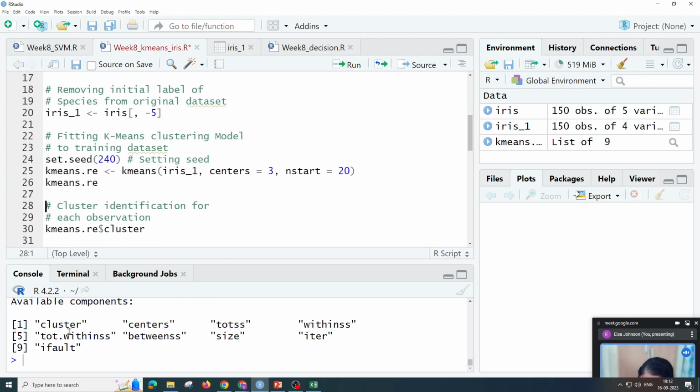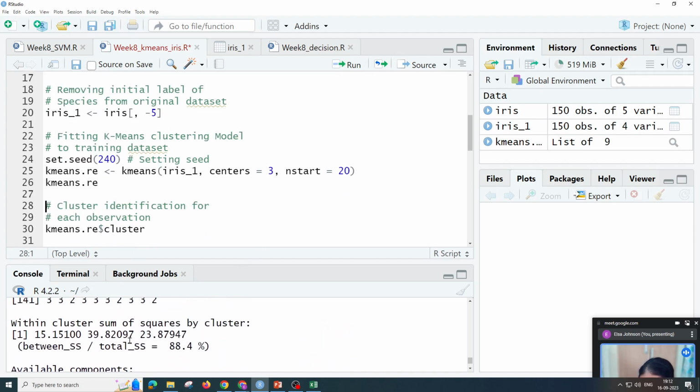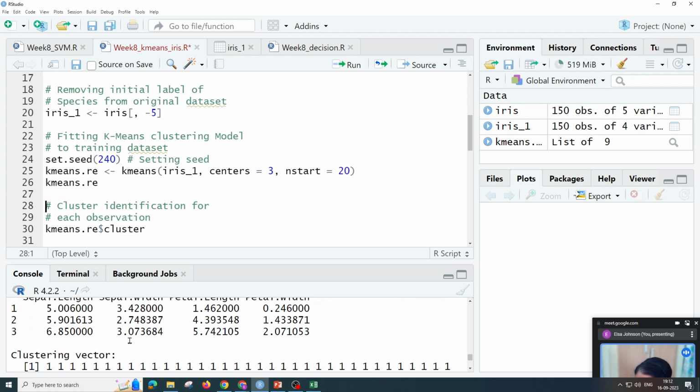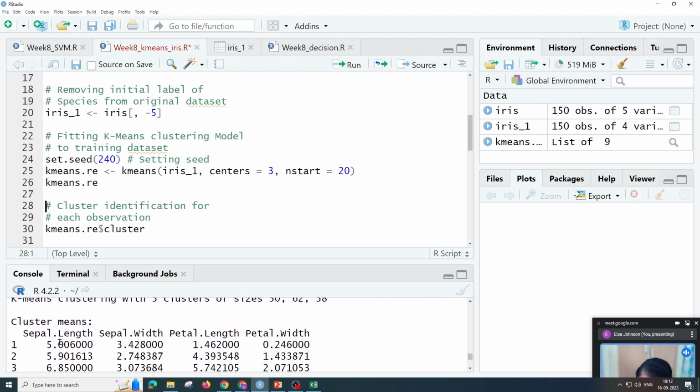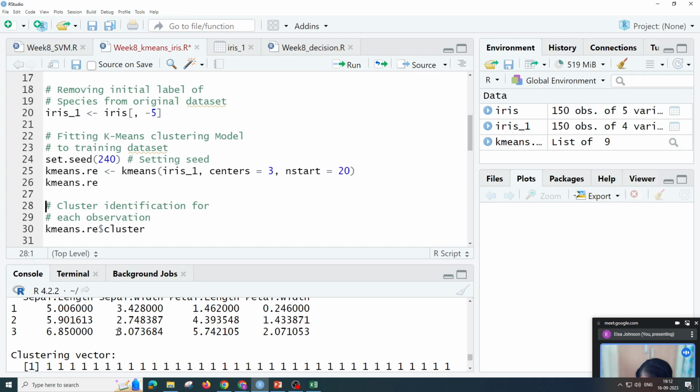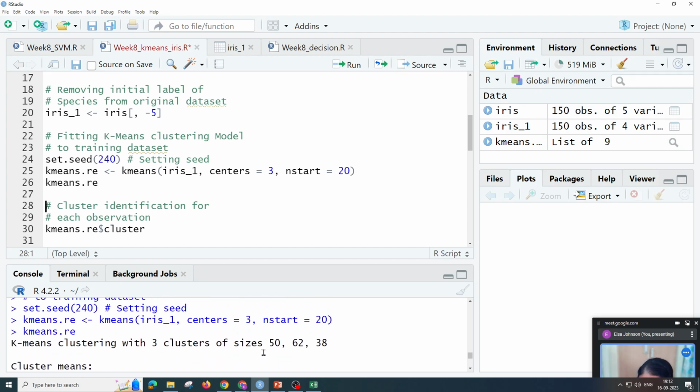Then printing the k-means result, you can see the different cluster means for sepal length, sepal width, petal length and petal width. For the different clusters, these are the means.